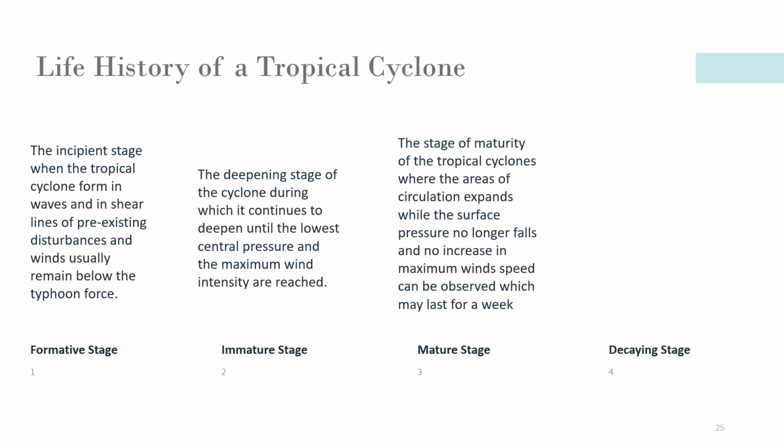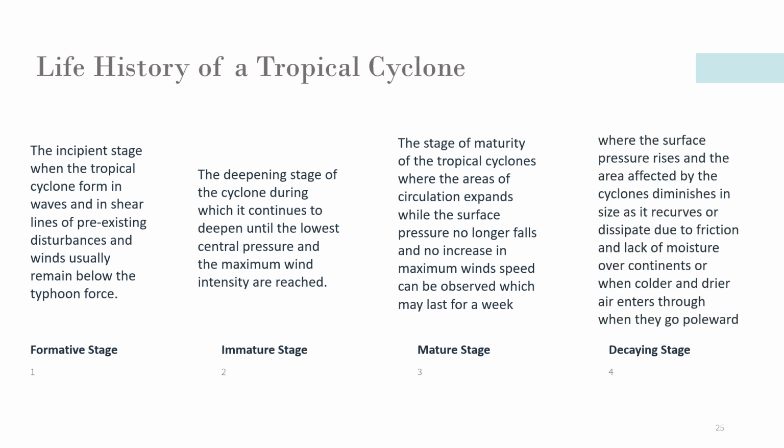After that is the decaying stage, the last or dissipating stage of the tropical cyclone, where the surface pressure rises and the area affected by the cyclone diminishes in size as it recurves or dissipates due to friction and lack of moisture over continents, or when colder and drier air enters as they go poleward. So this is the life history, or life cycle, of the tropical cyclone.